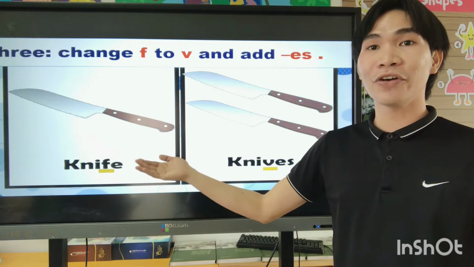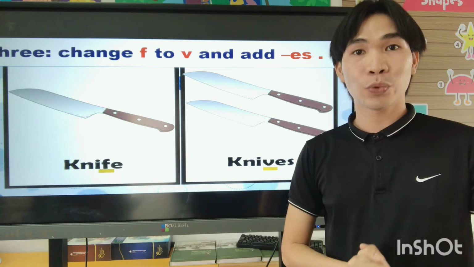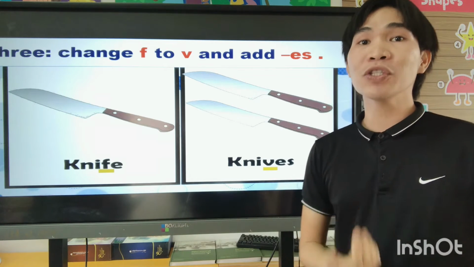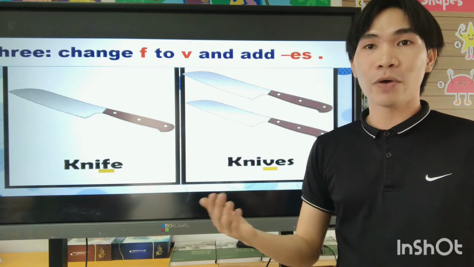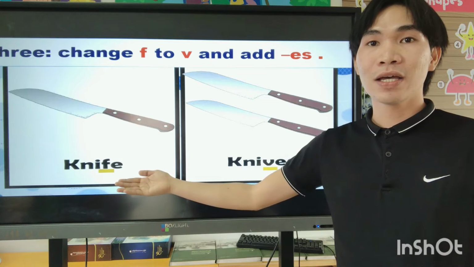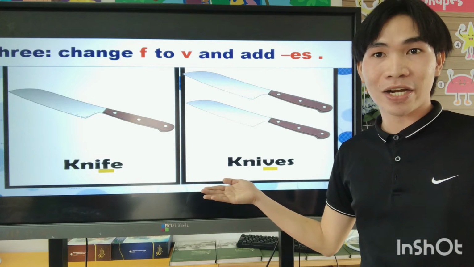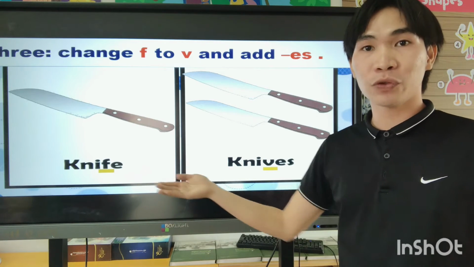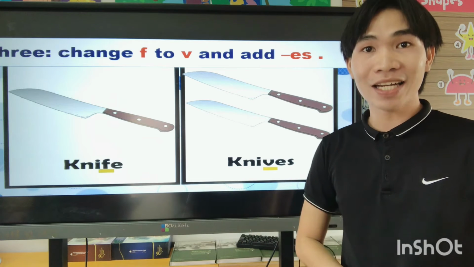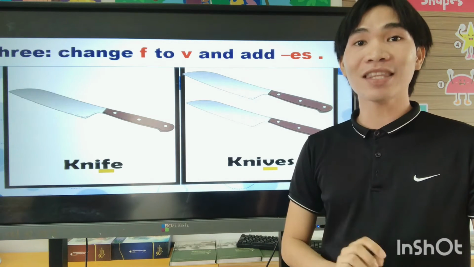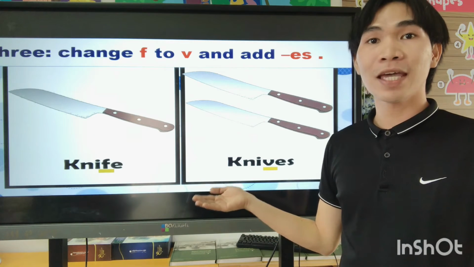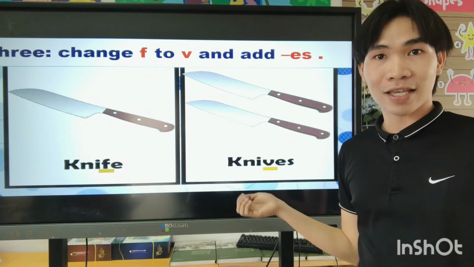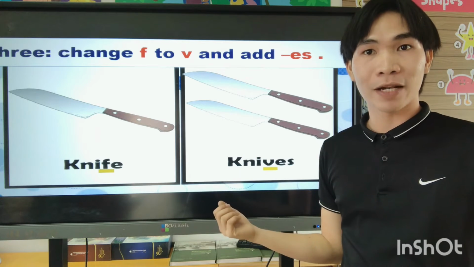We have letter F in the word knife. To make it plural, what we did here, we changed F to V and added ES. That is the 3rd rule.